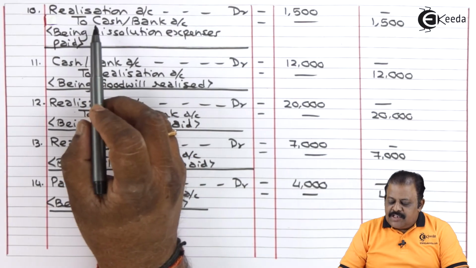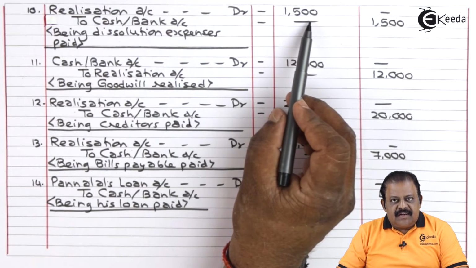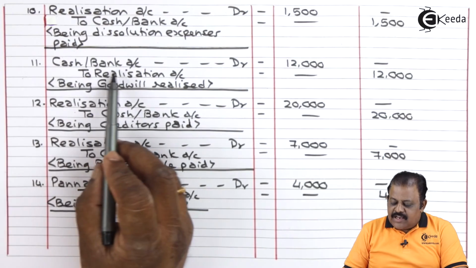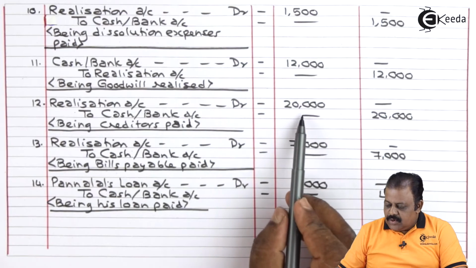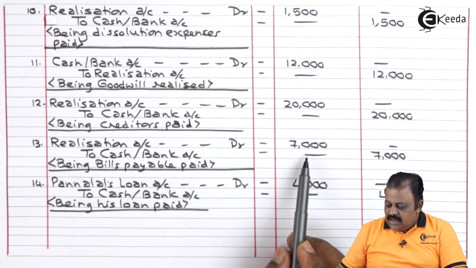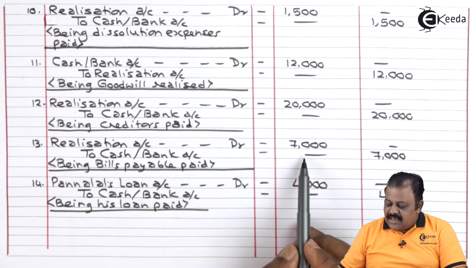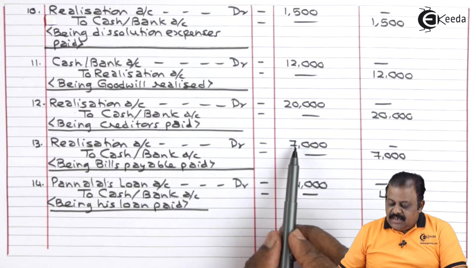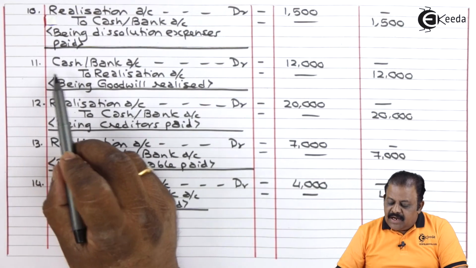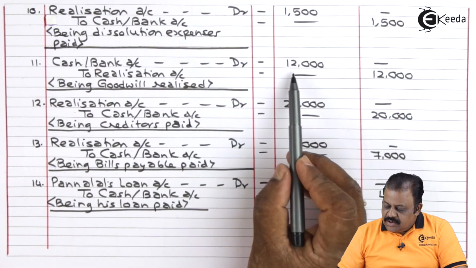For dissolution expenses paid, realization account debit to cash bank 1,500. For assets sold, cash bank account debit to realization account 12,000, 20,000, 7,000. These amounts are received. Those will be credited to realization account. Entry number 11, cash bank account debit to realization account 12,000.